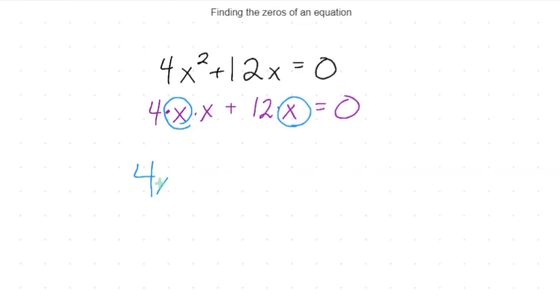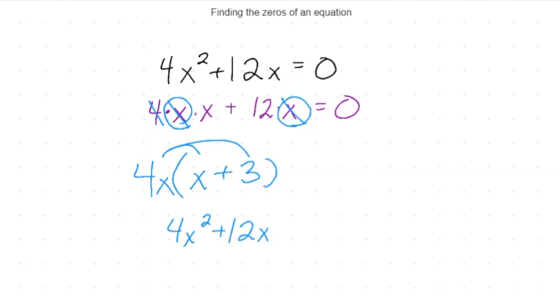So I'm going to pull out 4x, and that's going to leave just an x on that first one. And on the second one, it's just going to leave 3, because we're taking out the x and we're taking out 4 from 12. We're dividing 4 out. And we can check that it works by distributing back in: 4x squared plus 12x. That does indeed work.